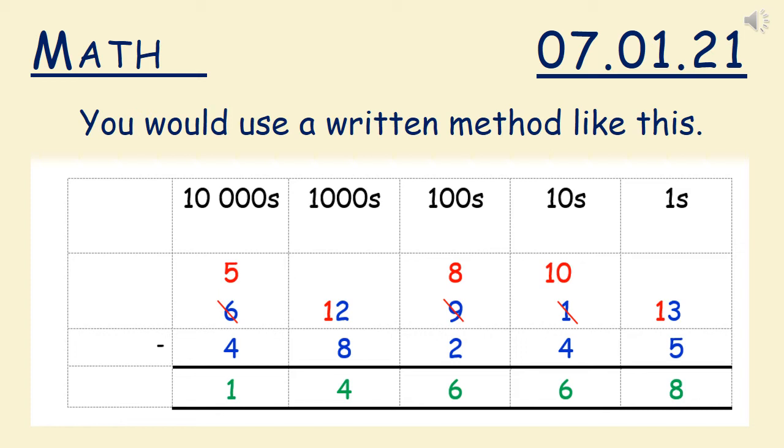And finally, our 6,000 has turned into 5,000 because we just took from our neighbour. So 50,000 take away 40,000 is 10,000. And that then gives us the answer 14,668.